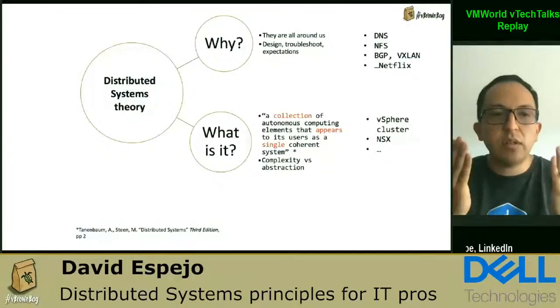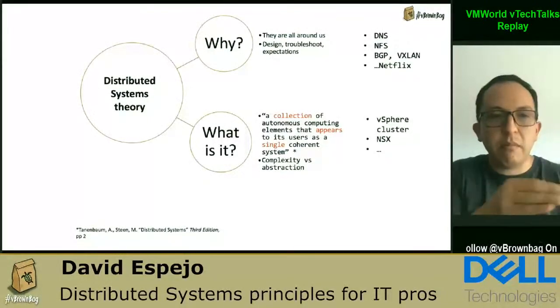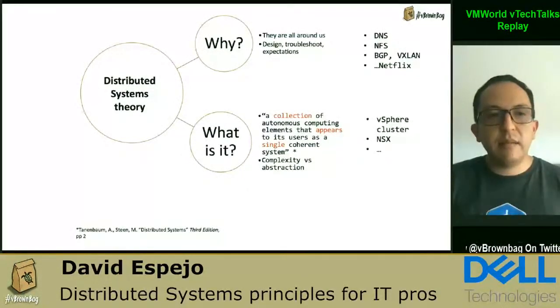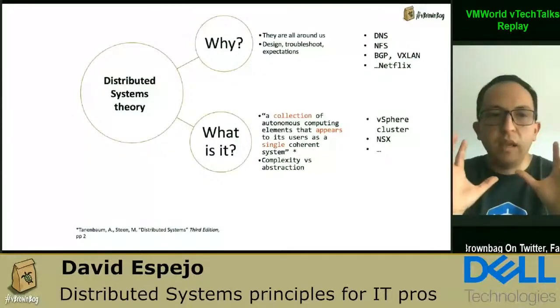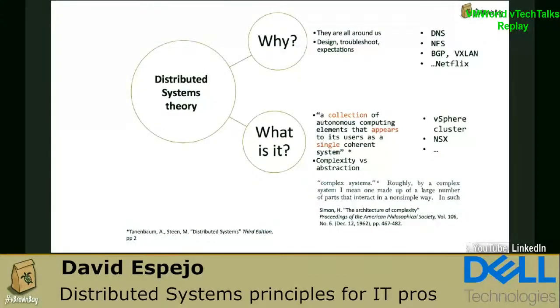So the next base feature is the single coherent system. Its users are not aware of the distribution of processes and services throughout many nodes and many systems. They will see or operate this as a single system. This is not the same as having a single view, right? If you are thinking about the infamous single pane of glass, I will dive a little deeper on this in the next slide.